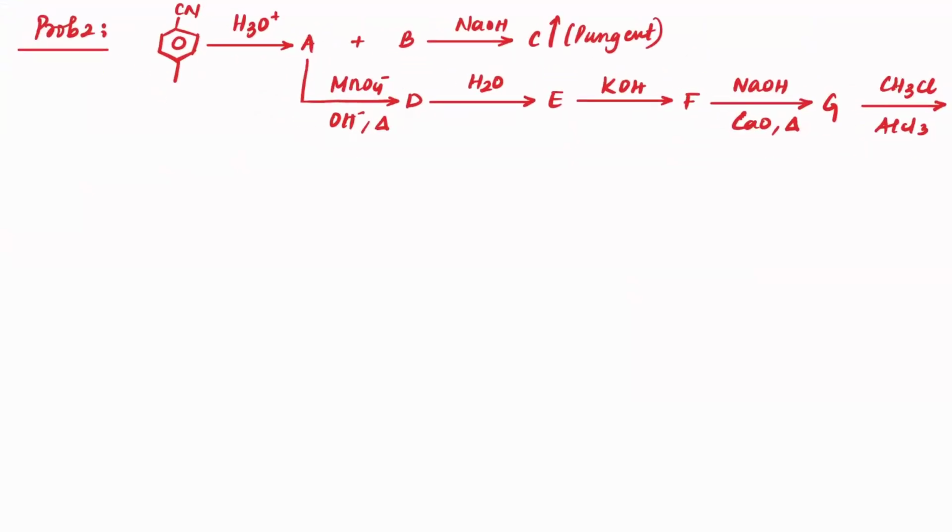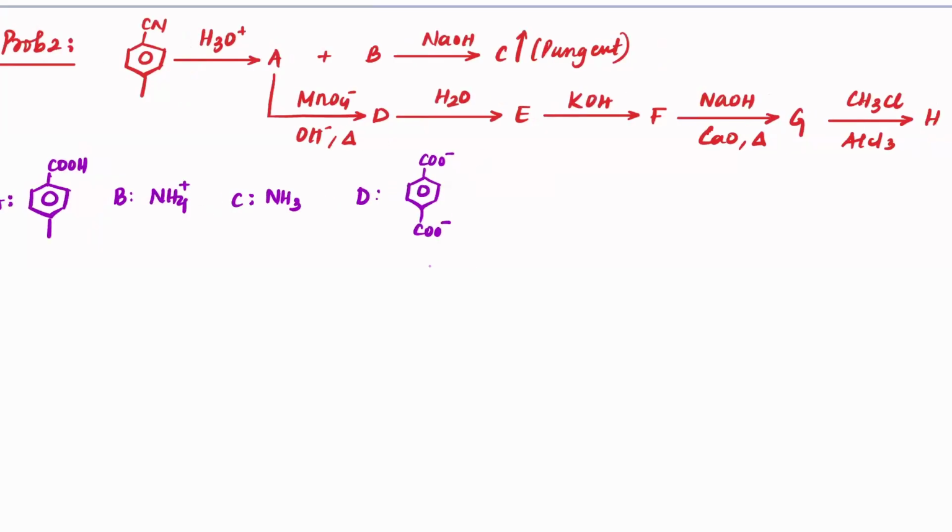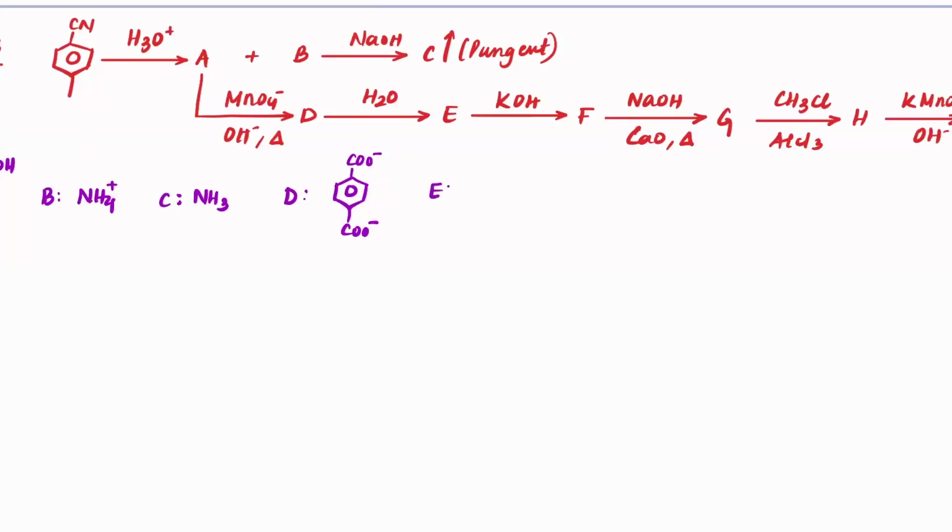Let me take you through the reactions here. First, you're making a hydrolysis, so that makes it COOH and methyl here, which is A. B will be ammonium ion. C will be ammonia gas. D will be, because you are making an acid form, I mean side chain oxidation, so you'll get D. E will be, after hydrolysis, again terephthalic acid.